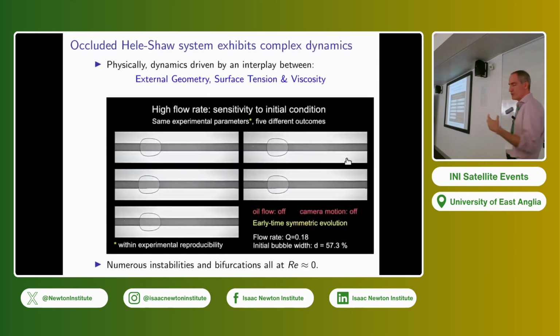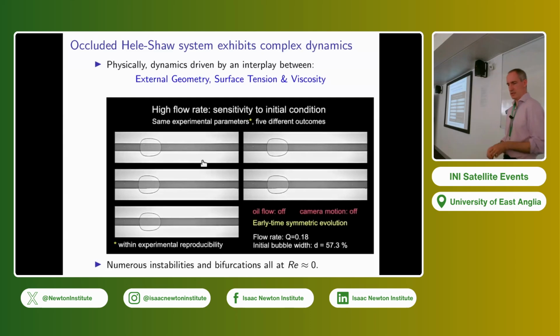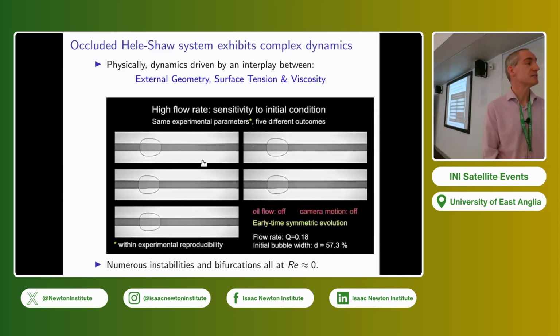But, I've already alluded to this, you get a vast amount of complex dynamics. And they're driven by the interplay between the external geometry, the surface tension, and the viscosity. So this is, as far as we can tell, within experimental reproducibility, an identical system, identical bubbles. You turn on the flow, and we end up with 5 different behaviors.